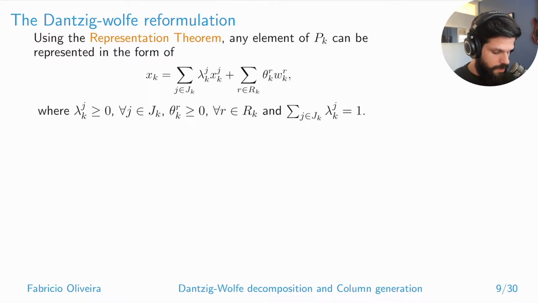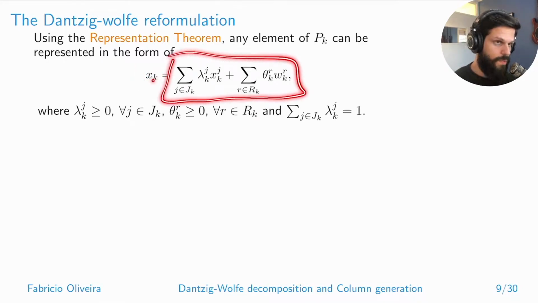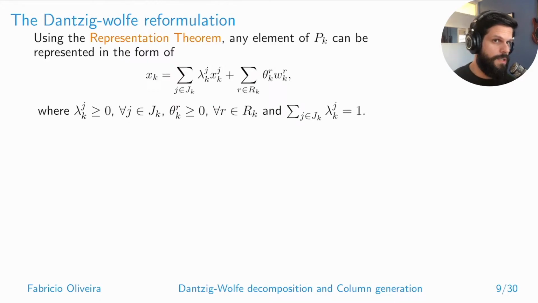So the conditions for convex combination is that these lambdas are non-negative and sum to 1, and the conditions for the conic combination is just that the thetas are non-negative. So Jk is the set of extreme points for subproblem K, and Rk is the set of extreme rays for subproblem K. So once I start thinking of x like this, I can substitute this representation for xk in my problem P.